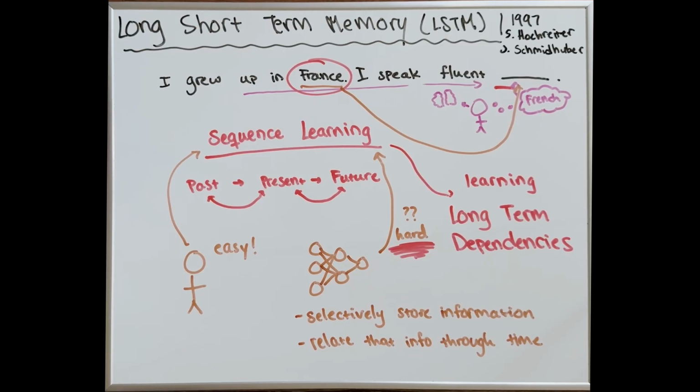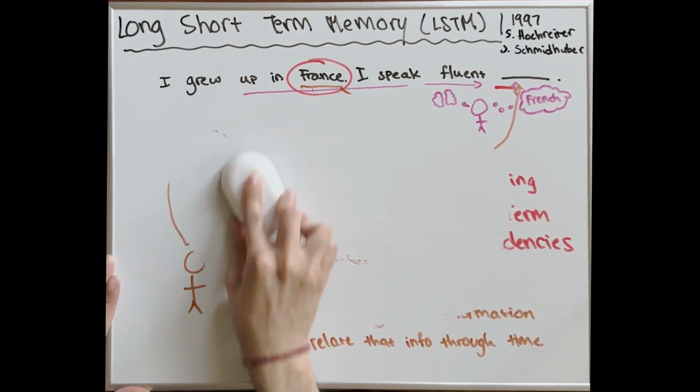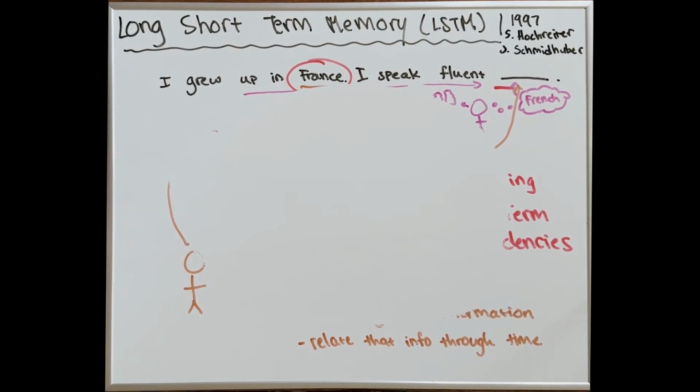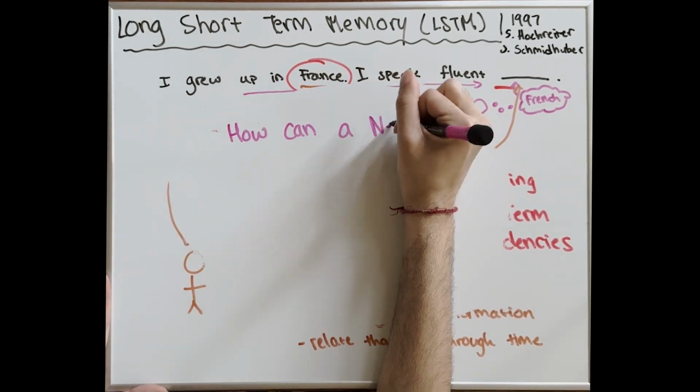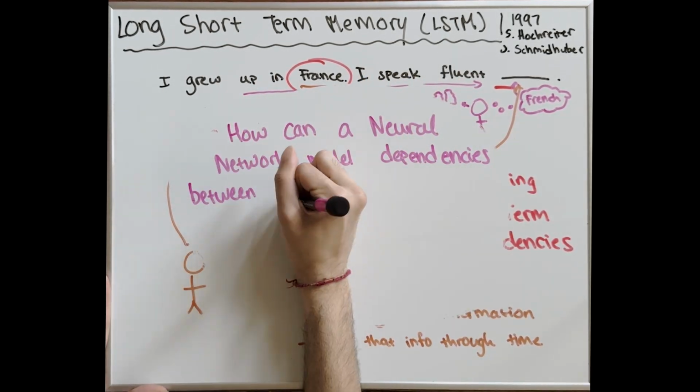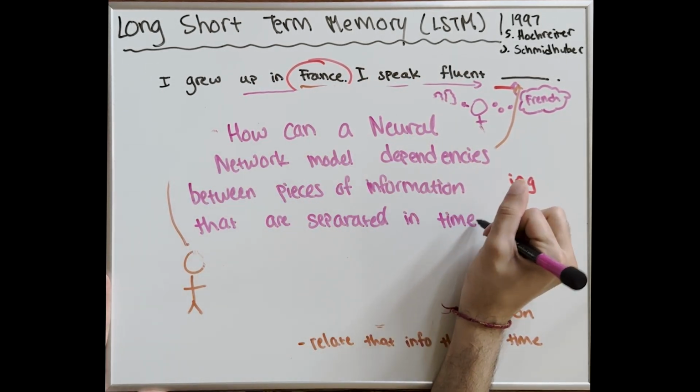So far in the series, we've covered memory and recall with Hopfield networks and semantic structure with distributed representations. Sequence learning brings a new challenge. How can a neural network model dependencies between pieces of information that are separated in time?